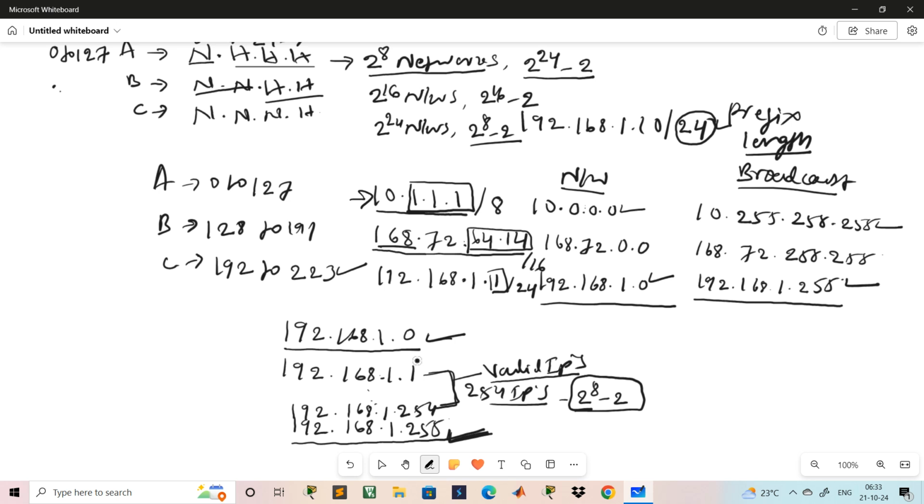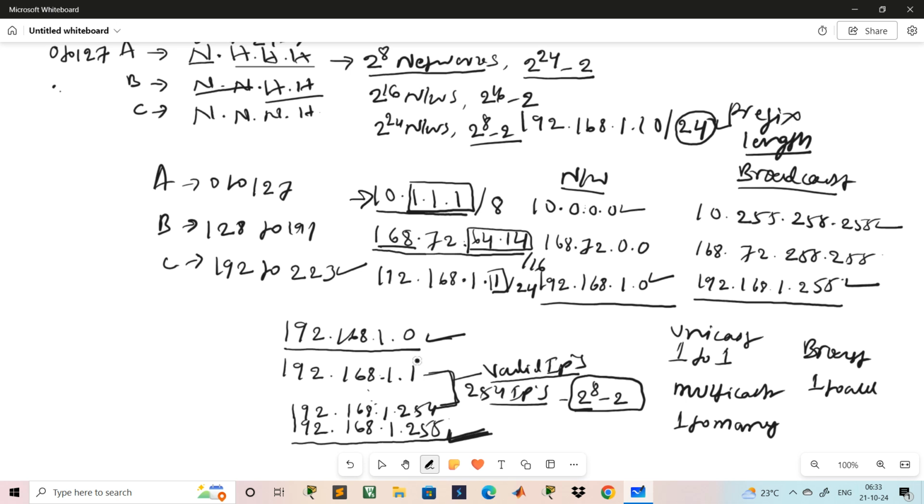Okay. There are 3 types of casting. The first is unicast. Unicast means 1-to-1. The second one is multicast. Multicast means 1-to-many. And the third one is broadcast, 1-to-all.